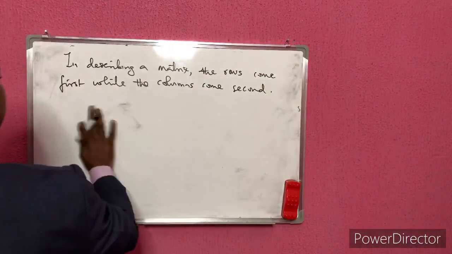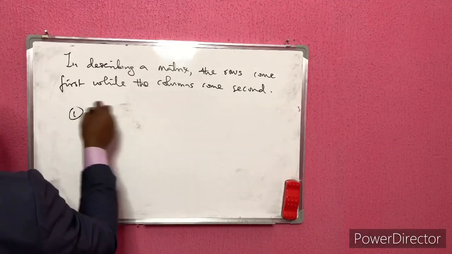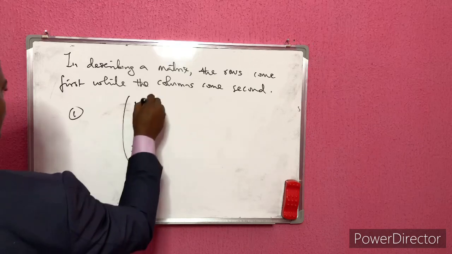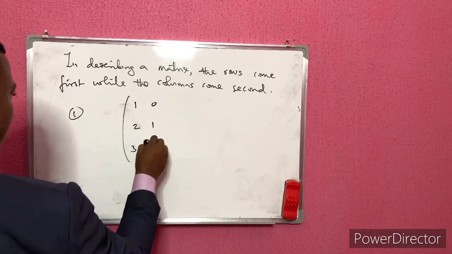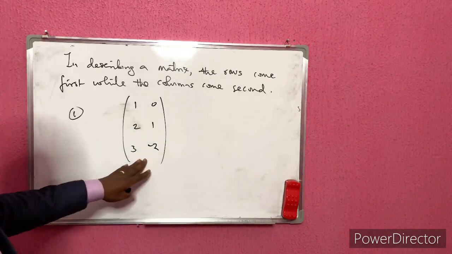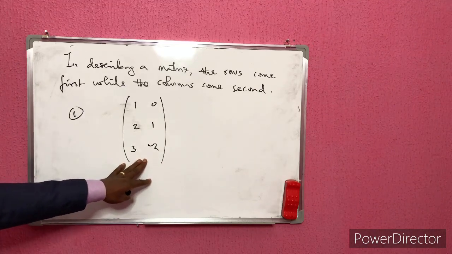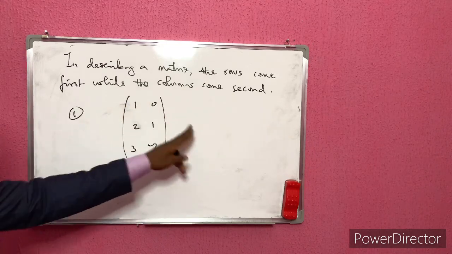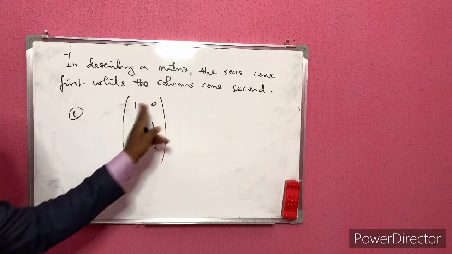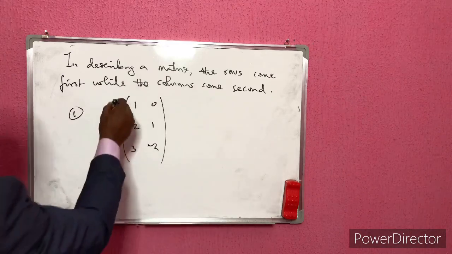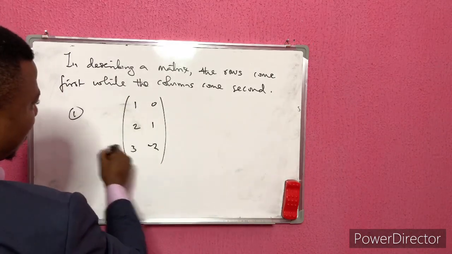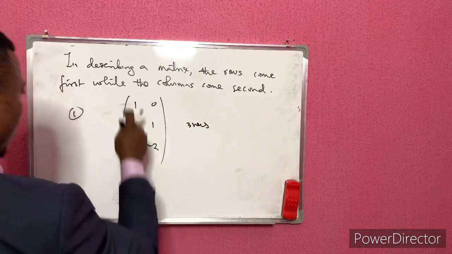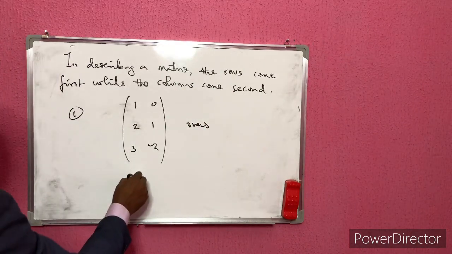For example, this is an example of a matrix. How many rows? 1, 2, 3. 3 rows. And 1, 2. 2 columns.